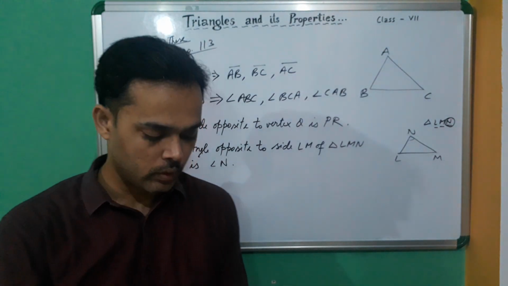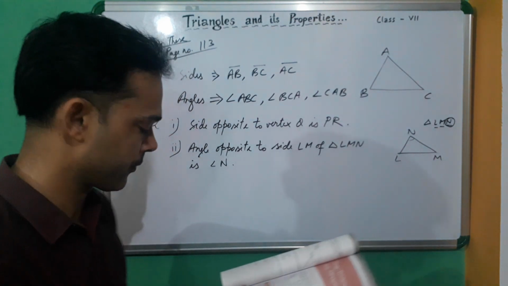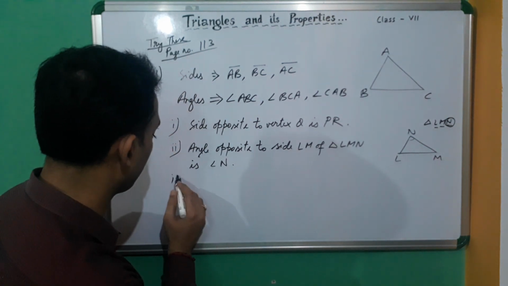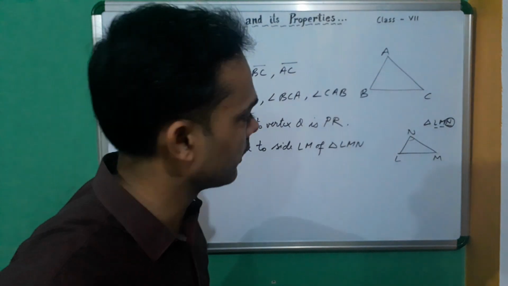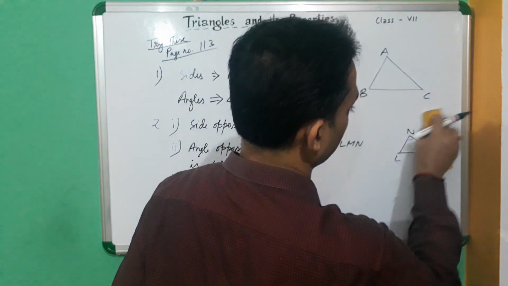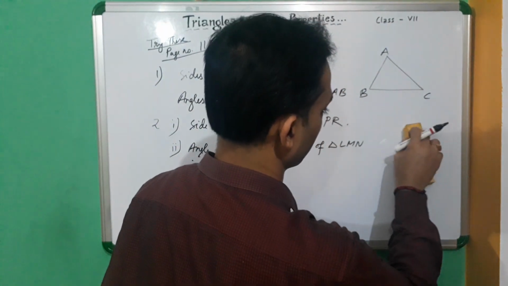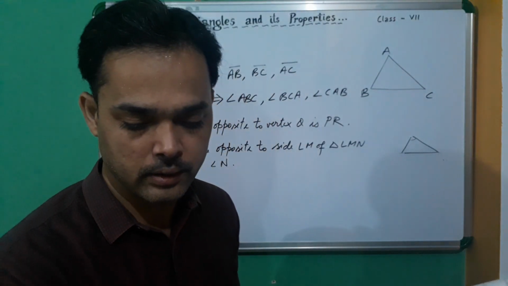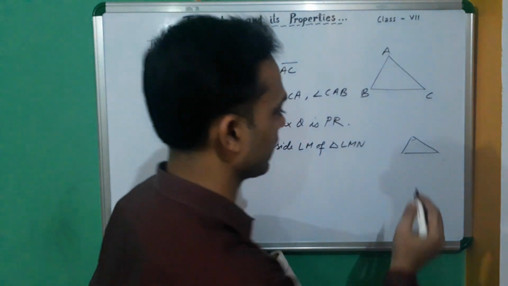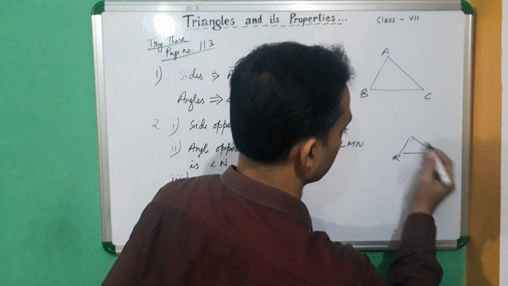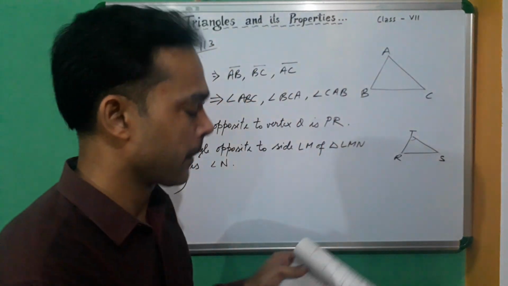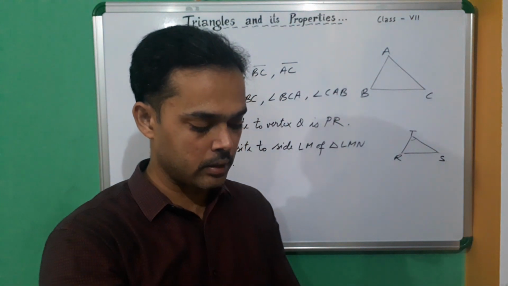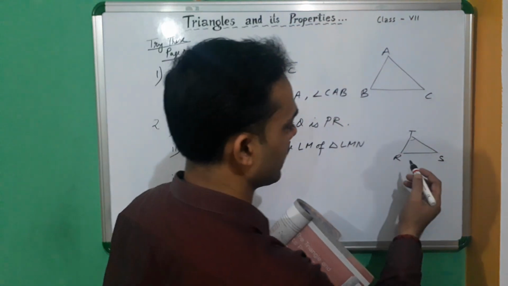Okay, now let's see the third part. In the third part, once again there is a triangle, and that triangle now is triangle RST. It is mentioned, vertex opposite to side RT.